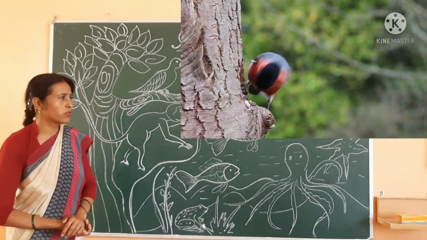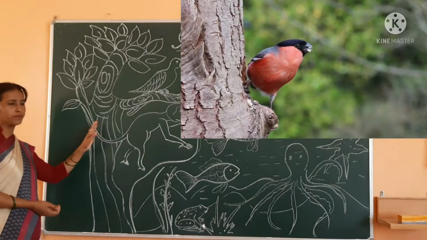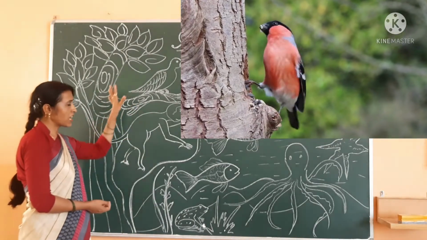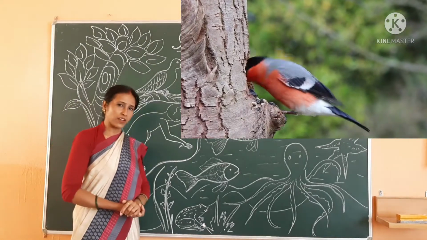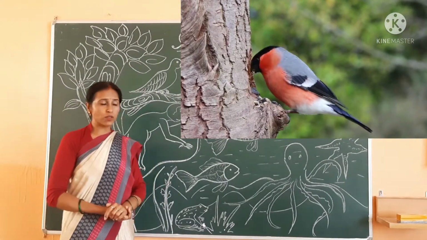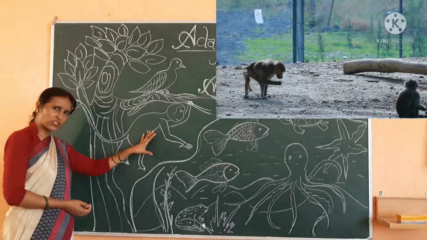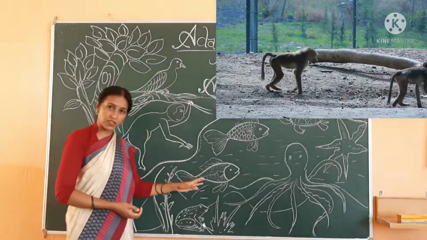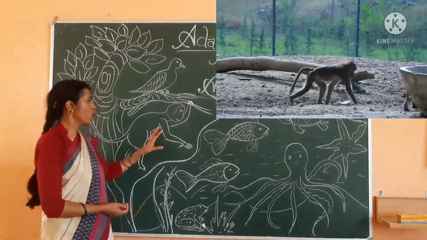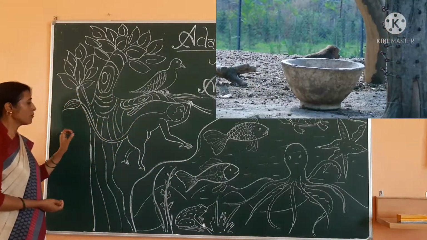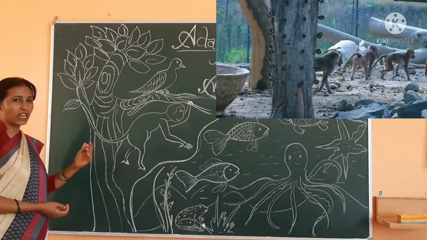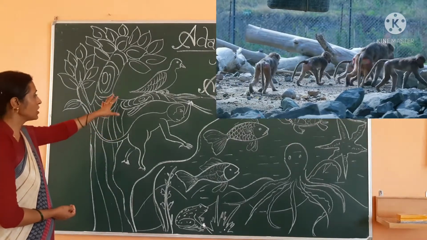All of them are found on trees. Because of this, they have a different adaptation compared to the aquatic animals, of course. They have some structure so that they easily survive on trees.